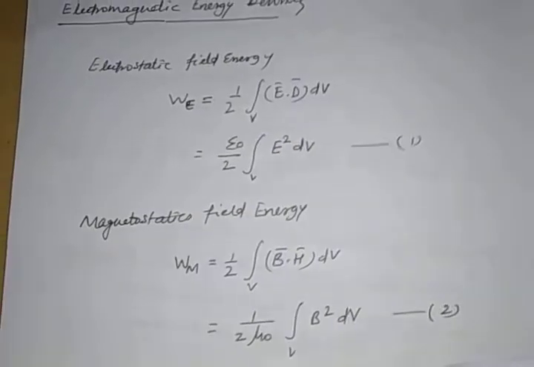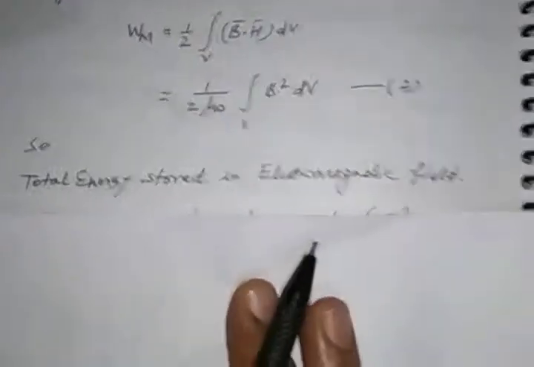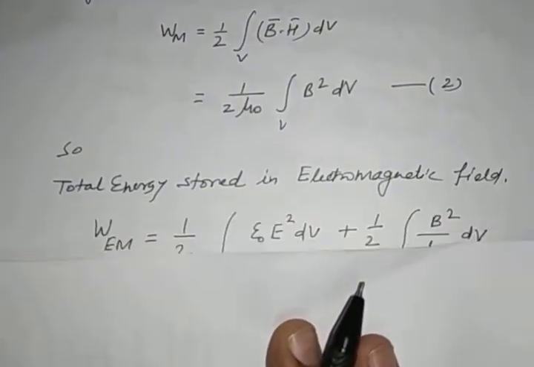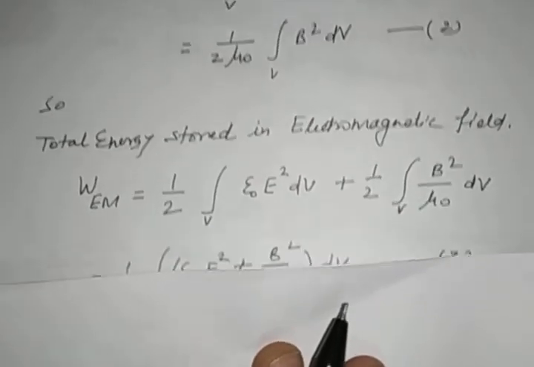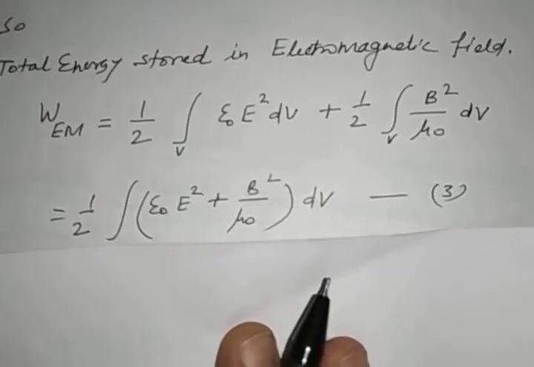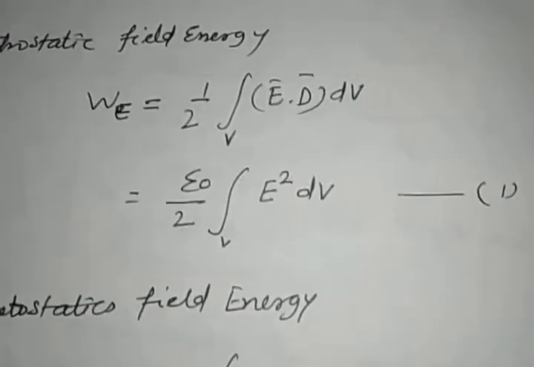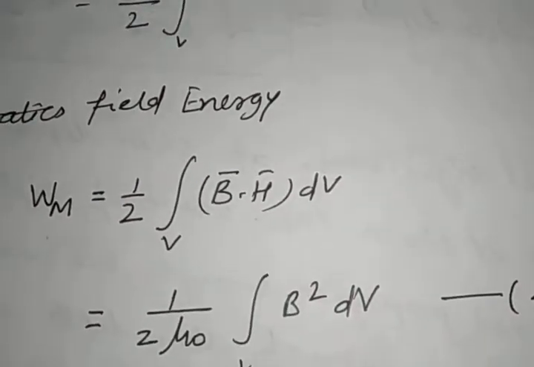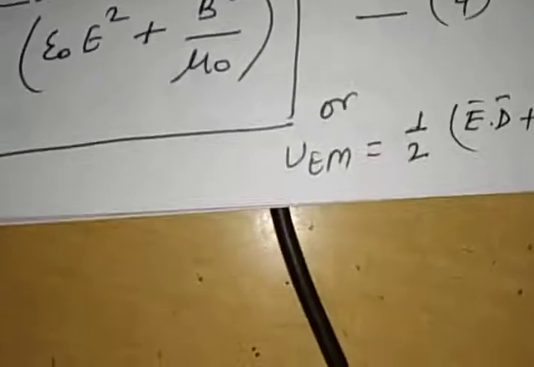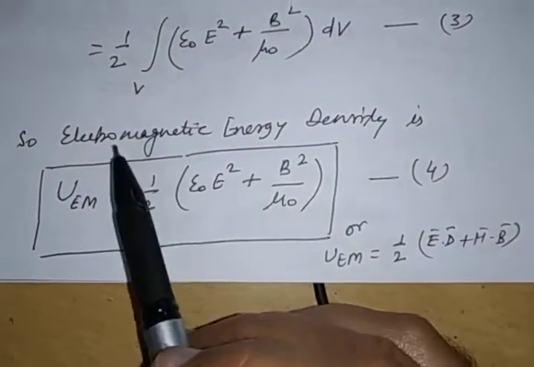Now these two parts are available in electromagnetic energy, and we can sum up the total energy stored in the electromagnetic field. The energy will be the sum of these two parts, right? So we can easily get this value. If we sum up half of E dot D and half of B dot H, the total electromagnetic energy is given by this equation.